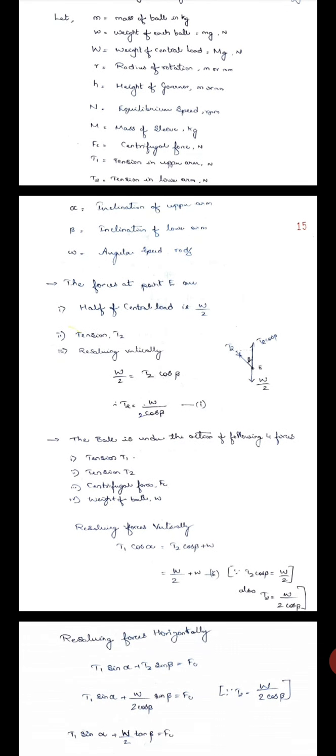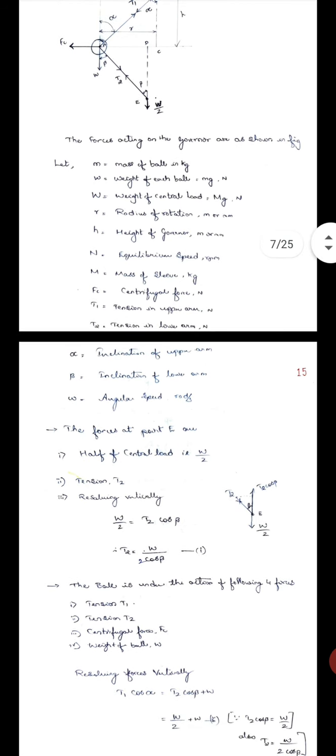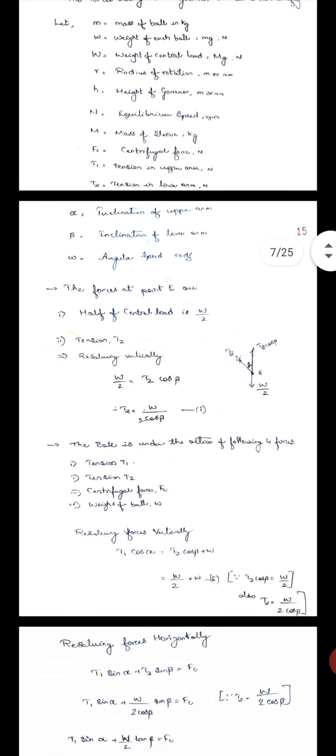Now the ball is under the action of the following four forces: tension T1, tension T2, centrifugal force Fc, and weight of the ball small w. Resolving these forces vertically, we have T1 cos alpha plus T2 cos beta plus W. T2 cos beta is nothing but W by 2, so W by 2 plus small w.